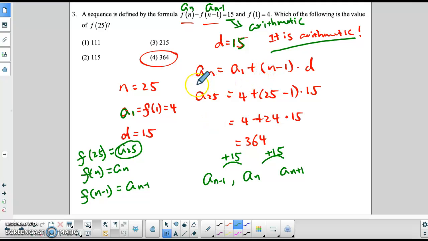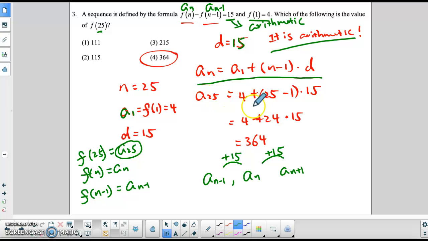We're going to start with the formula for a_n, because we're looking for a specific term. List everything we have. There's a 25 in f of 25, so this is the 25th term. So n equals 25, a1 equals 4, which is given, and the difference equals 15, also given in the question.